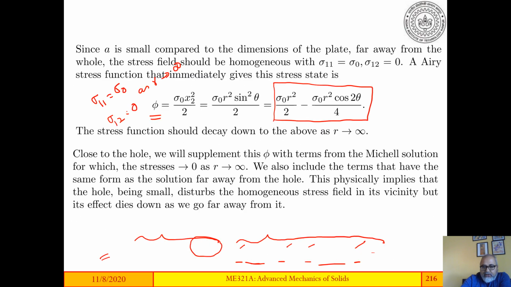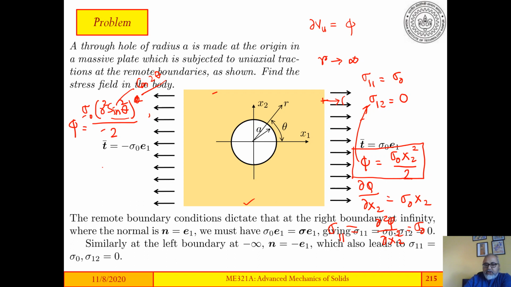Let us go back to this and try to figure out what is the boundary condition on the hole. On the hole, the normal in the cylindrical polar coordinate system is minus ER. So if you work in the cylindrical polar coordinate system, the stress state at the hole, say at this point, is T1 bar equal to sigma RR NR plus sigma R theta N theta, where N theta is 0 and NR is minus 1.